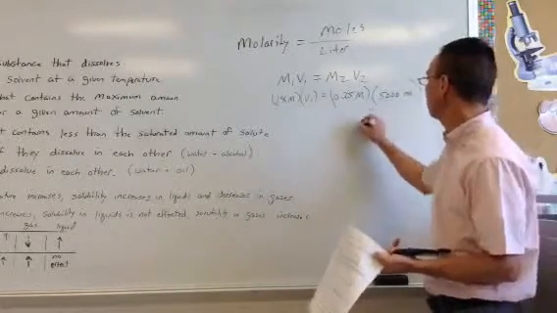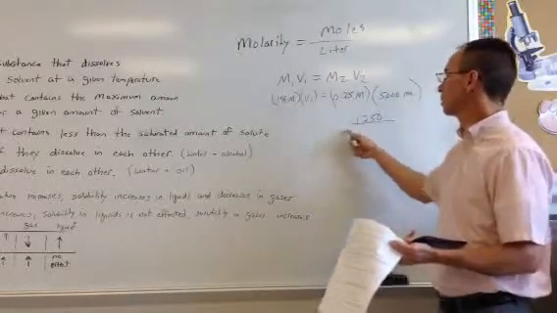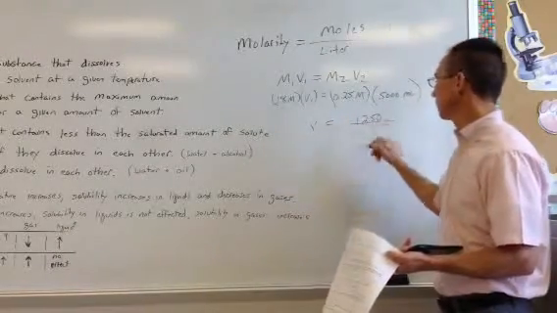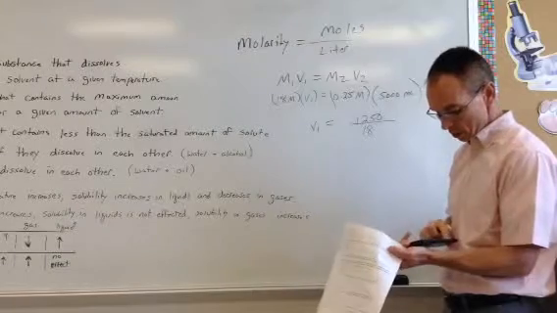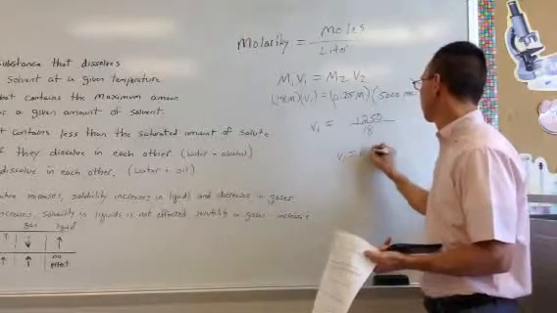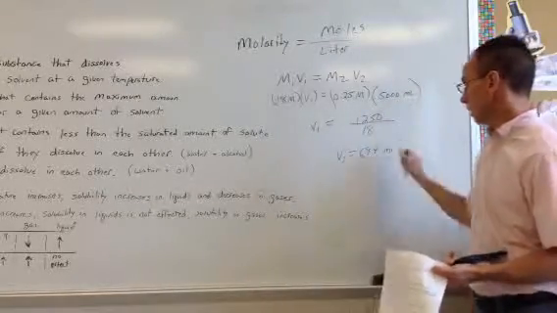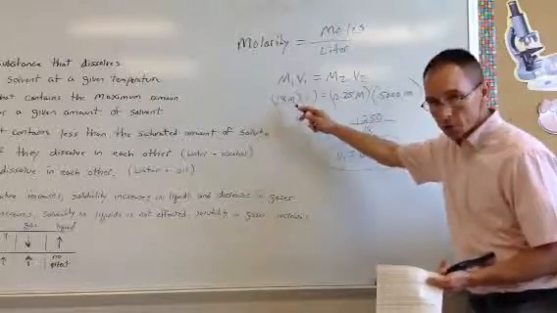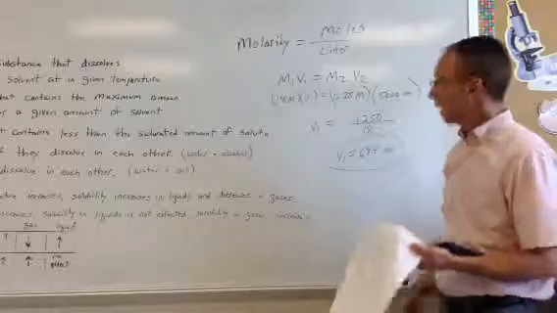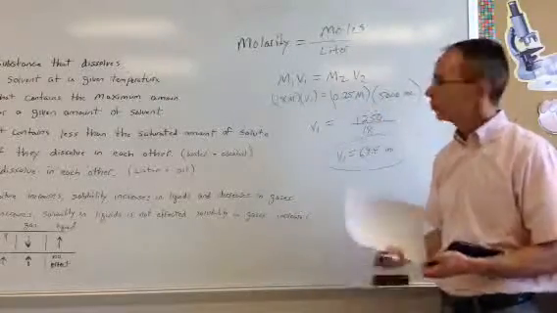Gives me 1250. I bring over, because I want to isolate my V1, my 18, and I divide, and I get 69.4 milliliters, because I'm working in milliliters. And that's how much of that stock solution I need to start with, and then dilute it up to 5,000 milliliters, and I'll have my 0.25 molar sulfuric acid solution. And that's how you do dilution problems.